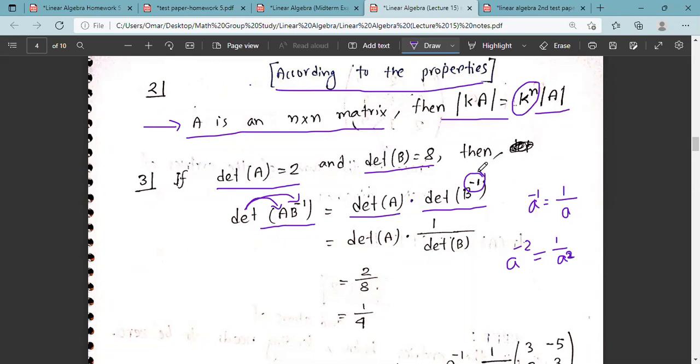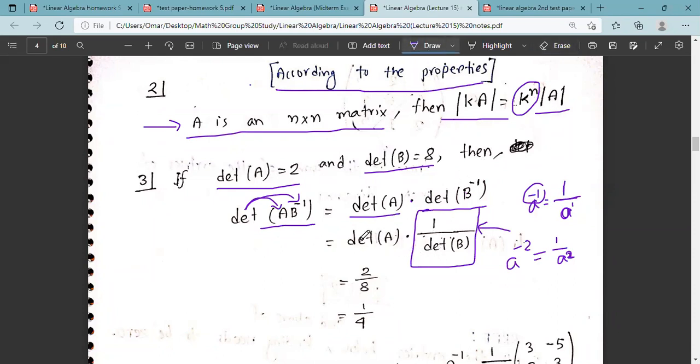So B to the power minus 1, or B inverse, the determinant of B inverse will be 1 by the determinant of B. Maybe you know this formula: any number or variable with a negative power will be 1 divided by that variable with that power. That's why I have written here that the determinant of B inverse is 1 by the determinant of B.